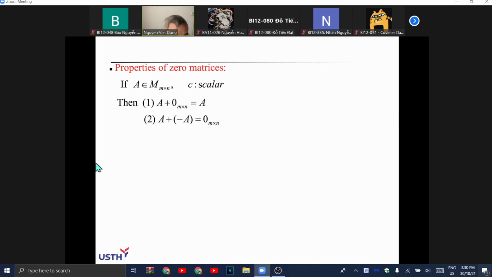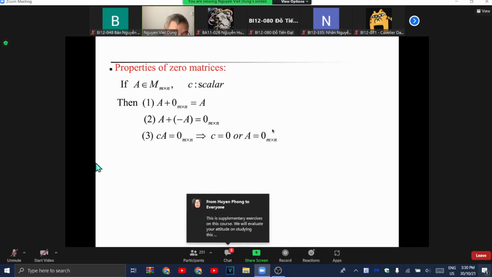And if you take A plus minus A, you get the zero matrix. If any number C multiplied by A gives 0, then we can have only one possibility: C is the number 0, or A must be the zero matrix m by n. You can have only one of those possibilities.